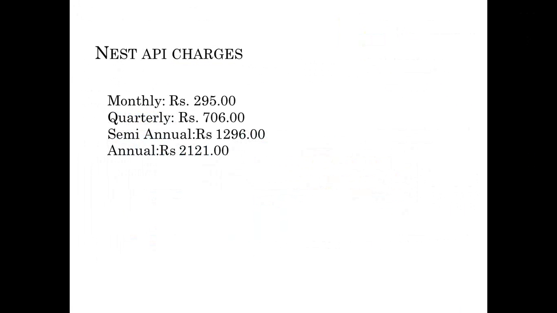A bracket order is also called an OCO order. What does OCO mean? OCO stands for one cancels another. In a bracket order, we enter a trade with the objective of making a profit. But the trade may go against us, so there is a need to protect ourselves from losses also.